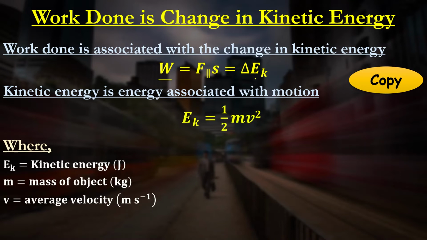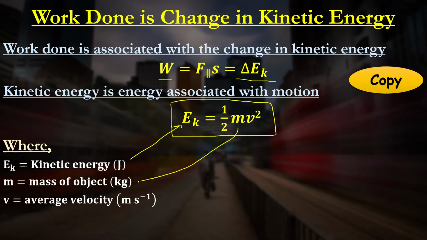Work done is equal to the change in kinetic energy. The kinetic energy of an object in its entire journey is half mv squared, where E is kinetic energy measured in joules, m is the mass measured in kilograms, and velocity is measured in meters per second.